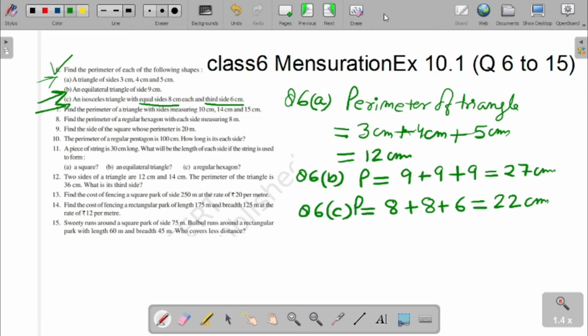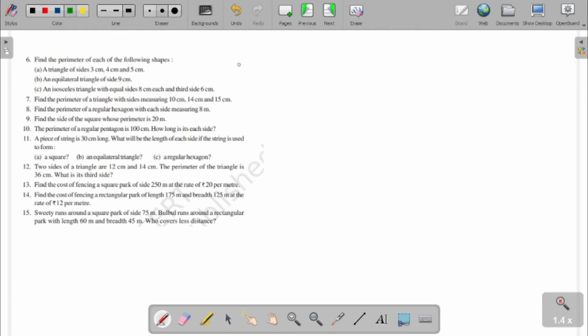Now, after this one, we take question number 7. Here is question number 7. Find the perimeter of the triangle with the sides 10, 14 and 15. So in case of question number 7, perimeter of the triangle is equal to the sum of the sides, that is 10 centimeter plus 14, then 15 centimeter.